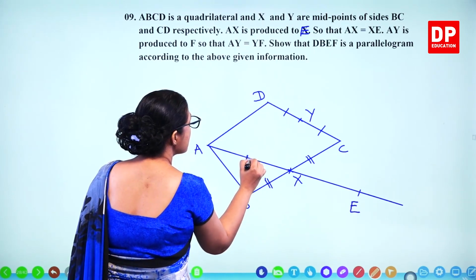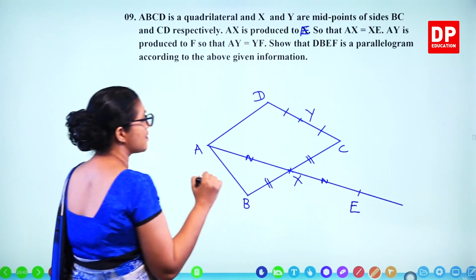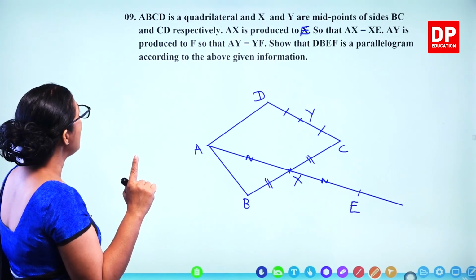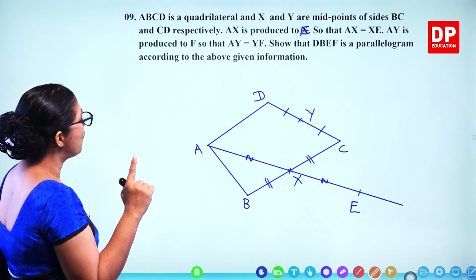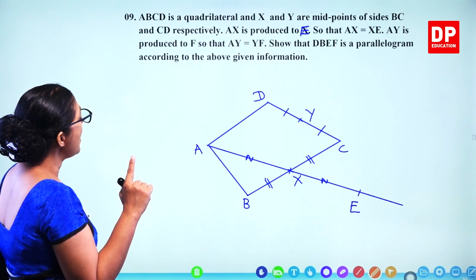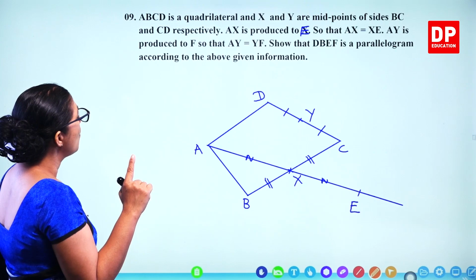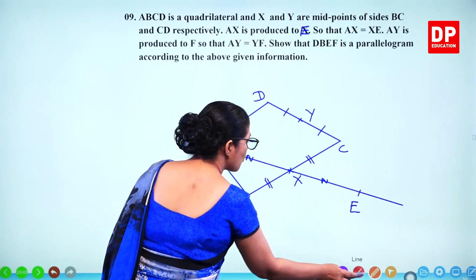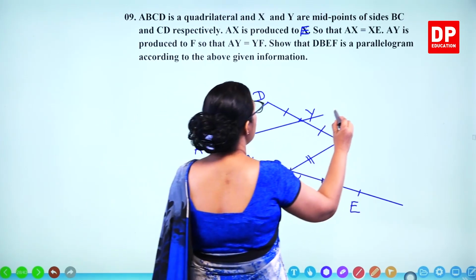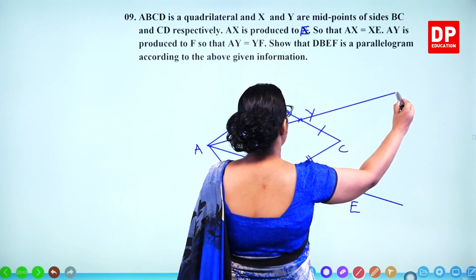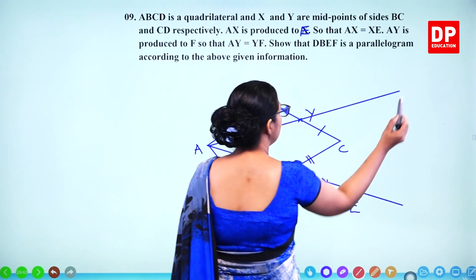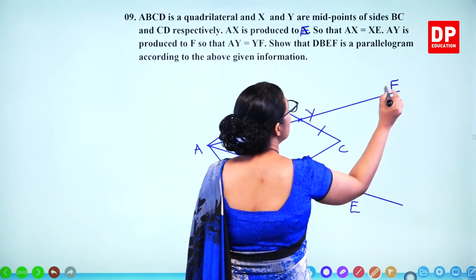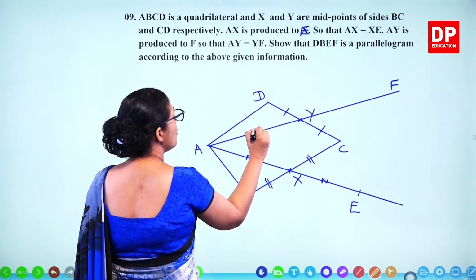So this distance is equal to this distance. AY is produced to F, so that AY equals YF. So we have to draw AY equals YF, somewhere here. Now these two distances are also equal.